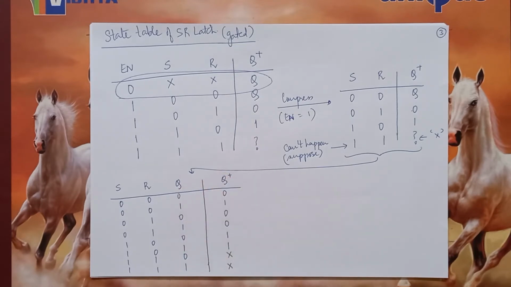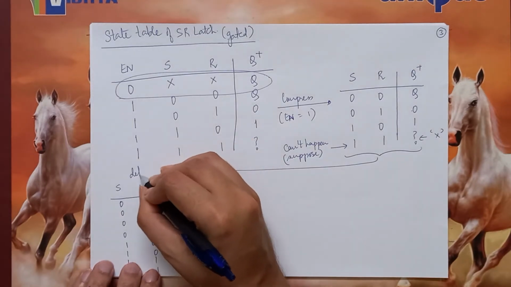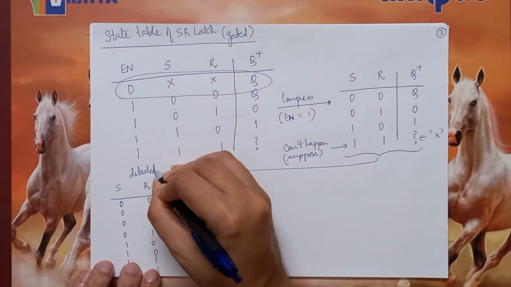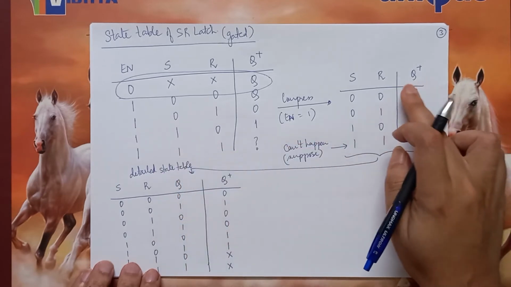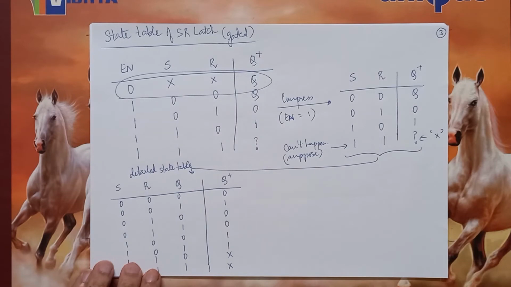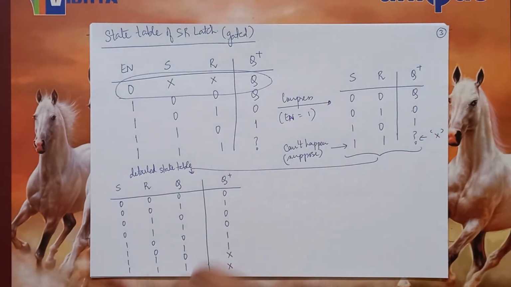So with this, we have written a longer truth table, which is called the detailed state table. This is called the compressed state table. This is called the detailed state table of this gated SR latch. Now let us see what we have achieved.